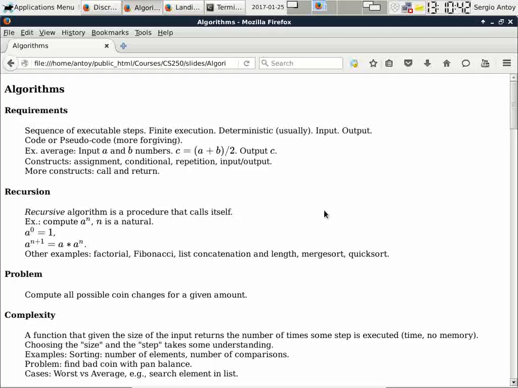Let's look at the one over here. Here, to do the power, I say the power n plus 1 is the base times the power n. The factorial of n plus 1 is what? N plus 1 times the factorial of n.